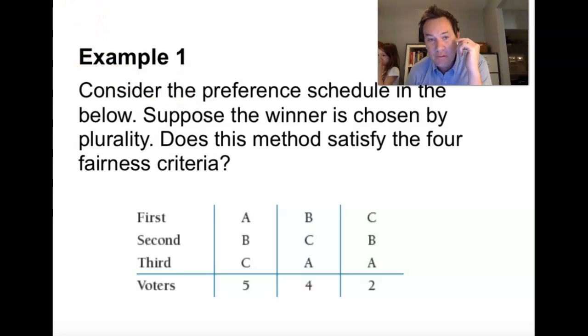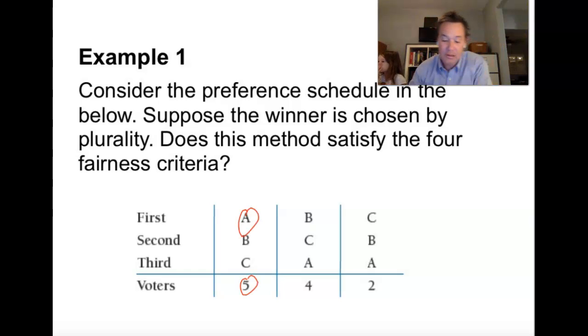If we look at what's going on by plurality, plurality is just the winner gets the most first place votes. Candidate A wins by plurality. And so what we want to do is see if this outcome satisfies the 4 fairness criteria.